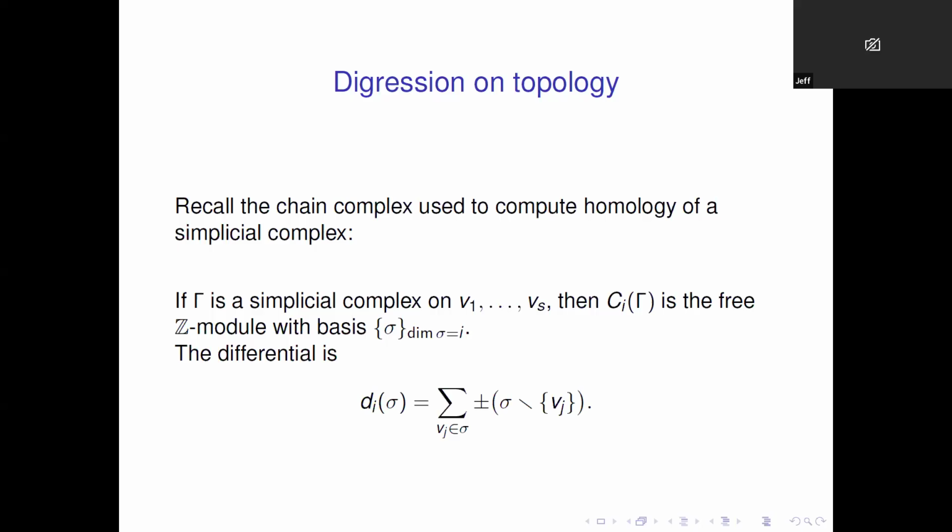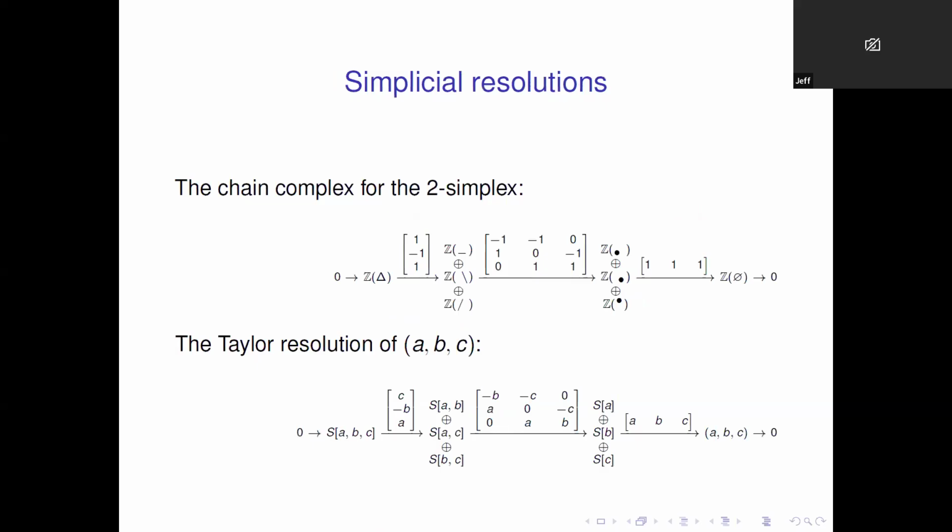The chains in the ith position are just the free module with basis consisting of all the faces of gamma that have dimension i. And the differential is you map a face to, for every vertex, you remove it, and then you assign a plus or minus in the standard way.